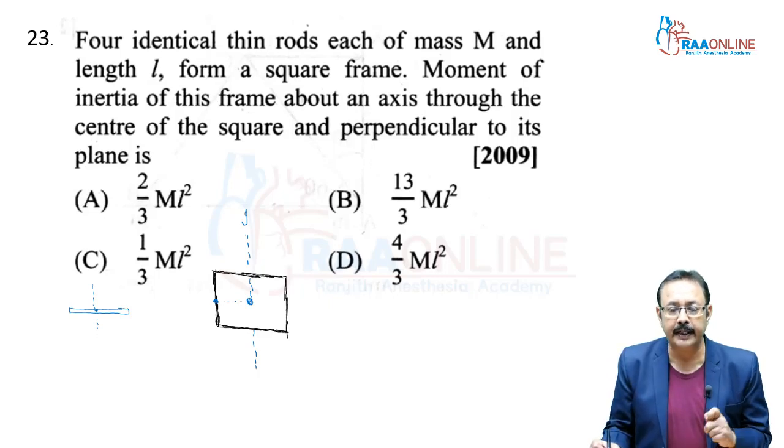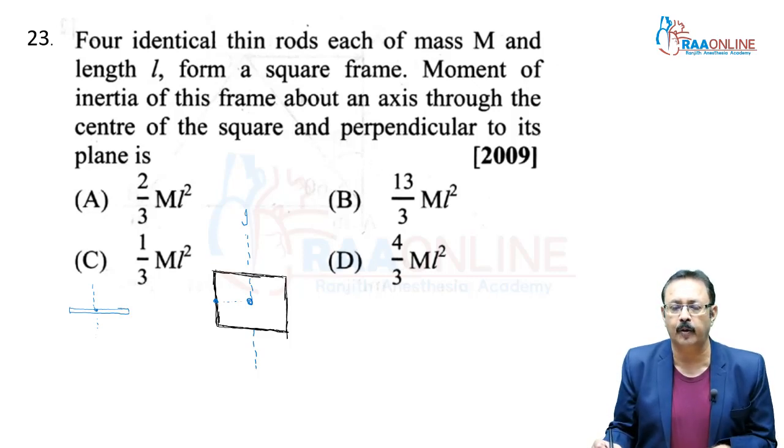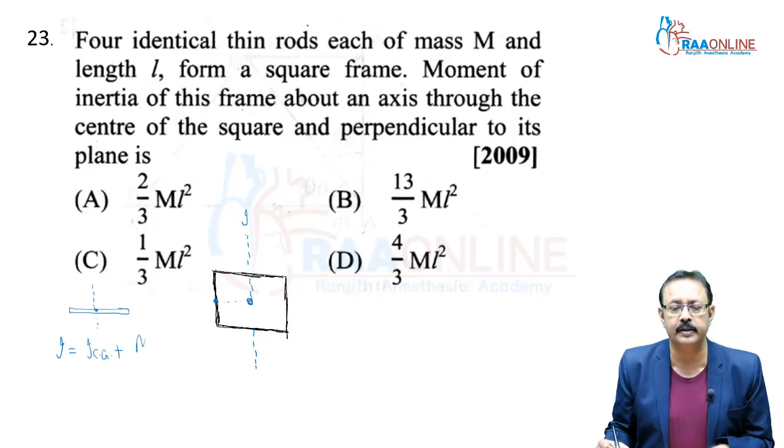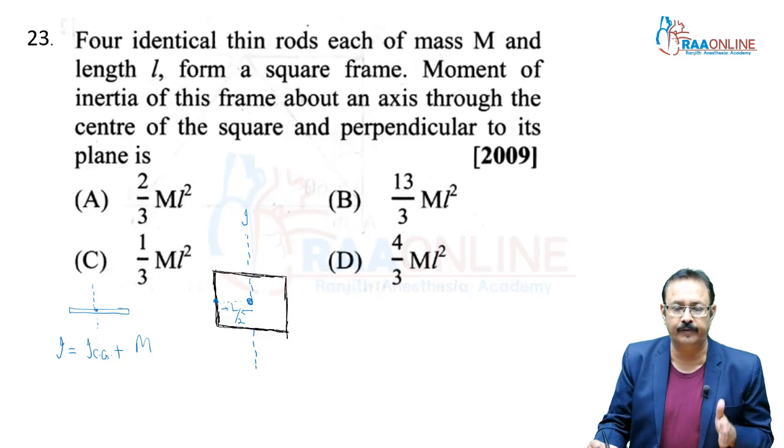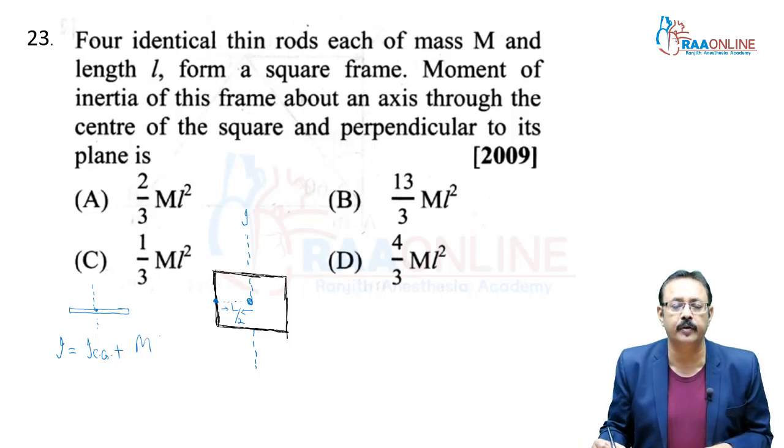For one rod, I should be ICG plus mass of rod m, and this distance should be L by 2 because the center of the square is always at a distance of half of the side from a rod. So L by 2 whole square. So for one rod I got the moment of inertia for the first rod.